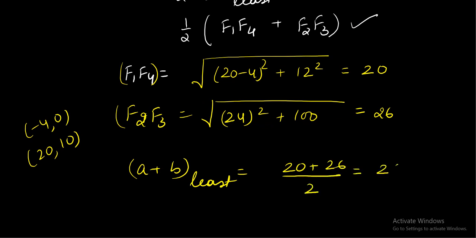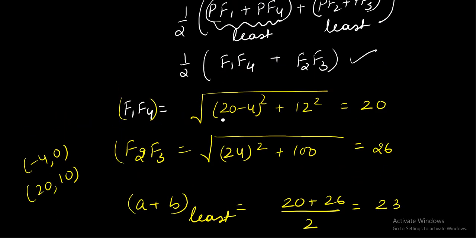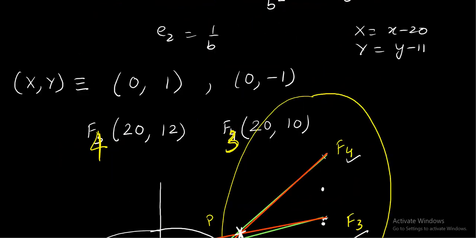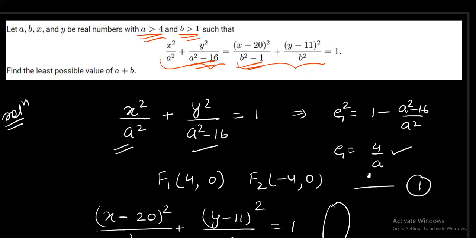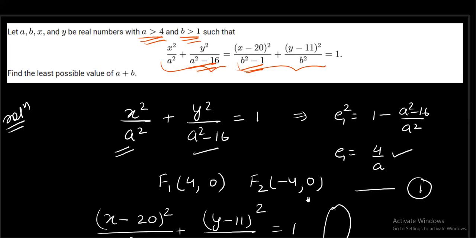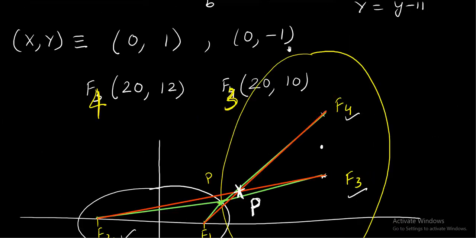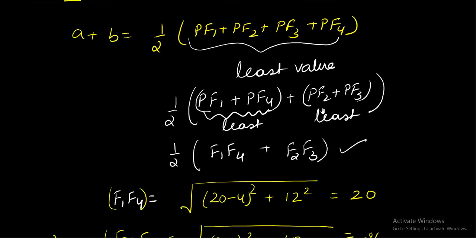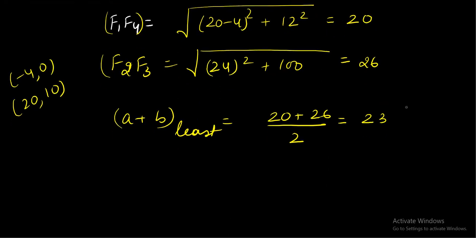Calculating it further gives me the answer as 23. ठीक है, ये A plus B की least value हमें मिल रही है. Now if A plus B का least value is 23, then I think this is the answer we have to give in the question, right? The question is saying that you need to get the least value of A plus B. So what is the least possible value we are getting here? This is turning out to be 23. Here is the answer that we have to the question, right?